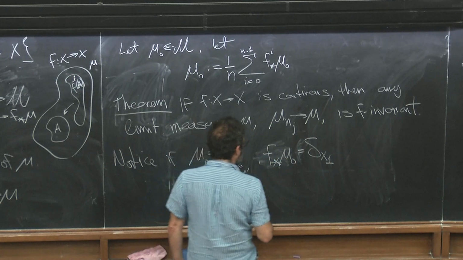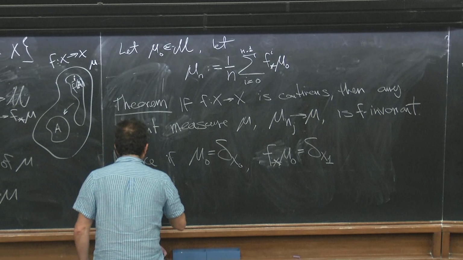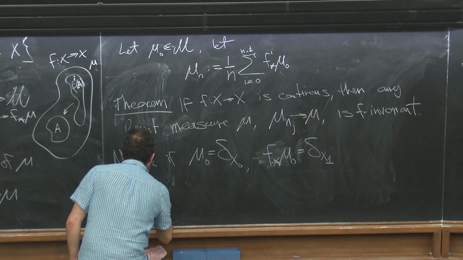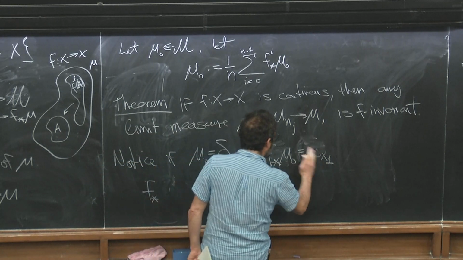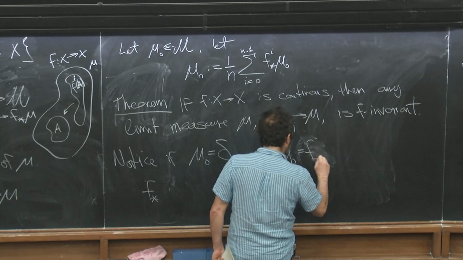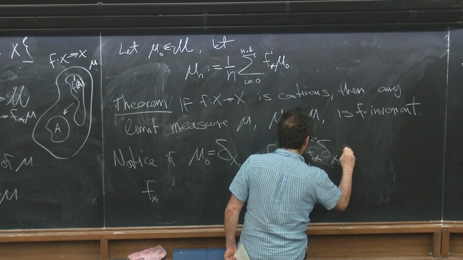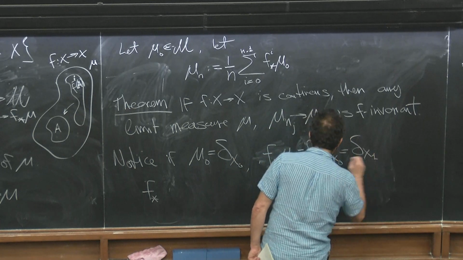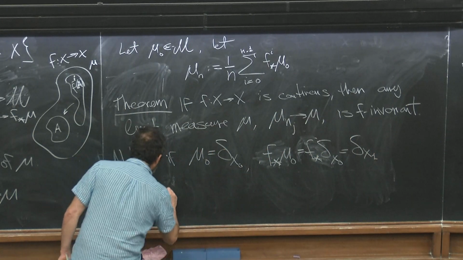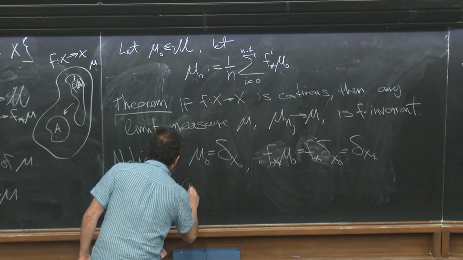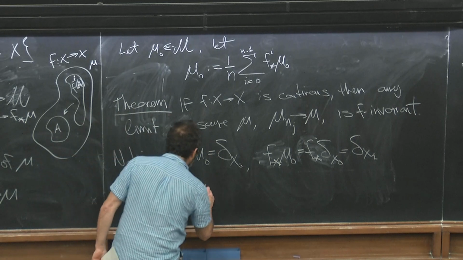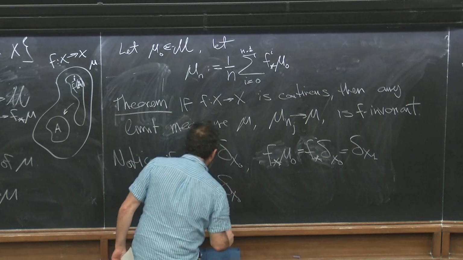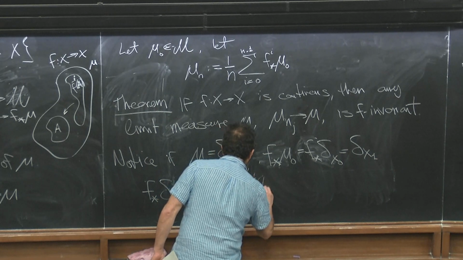By definition, f star of mu0 is equal to f star of delta x0, and this is delta x1, because what does f star of delta x0 do? f star of delta x0 of some set A, by definition, is equal to delta x0 of f minus 1 of A.